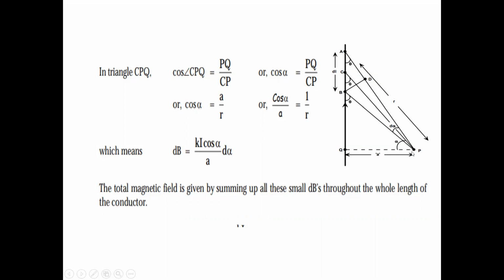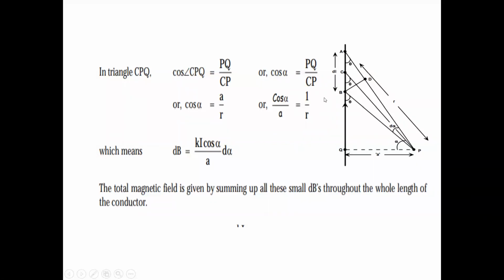So cos alpha is equal to adjacent side by hypotenuse, QP by CP.